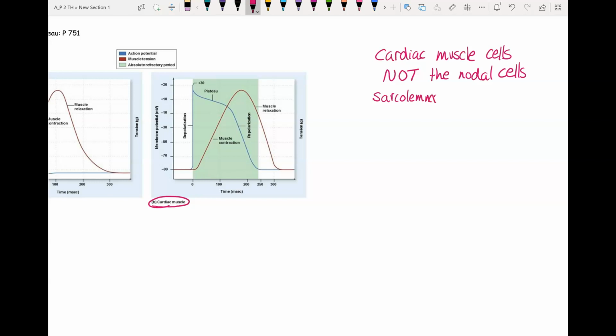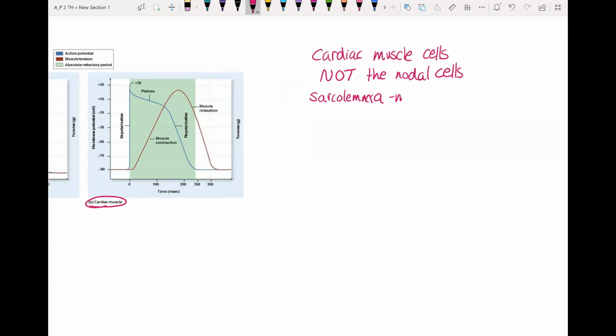Again, if you have forgotten chapter 10, you have to go back and review that. The sarcolemma is the membrane of a muscle cell, and it has action potential and resting membrane potential just like a neuron.